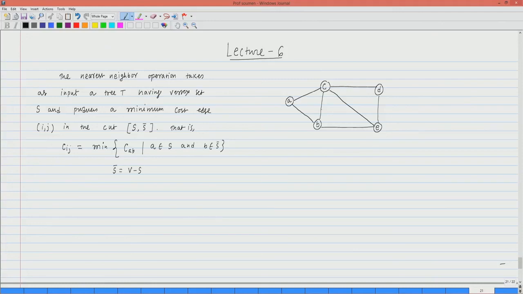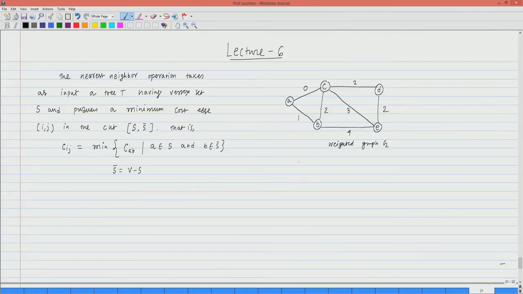And this is a weighted and connected graph. So, the weight of this edge AC is 0, this is weight 1, 2, 3, 2, 4, 2.